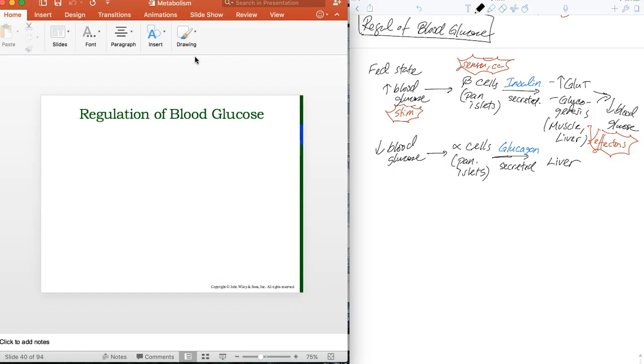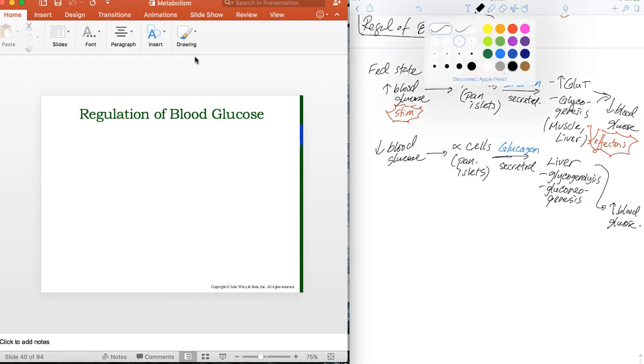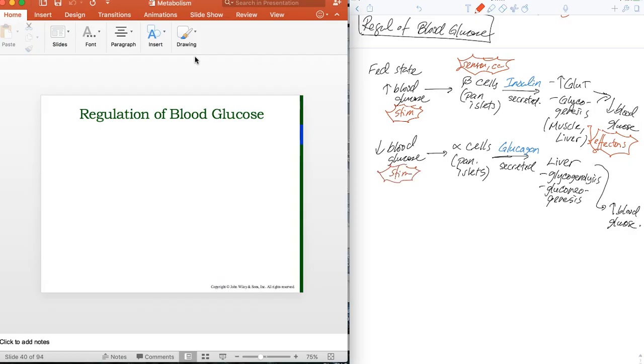The liver can break down the glycogen. It can also do gluconeogenesis, and that will help to raise the blood glucose. So really similar, but they're having the opposite effect on the blood sugar.